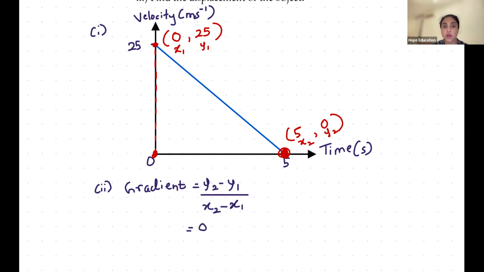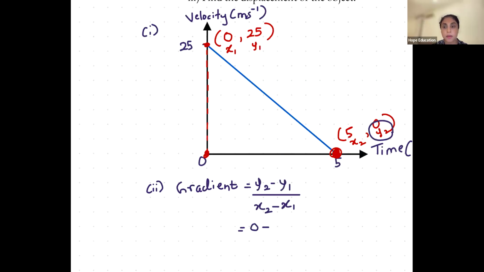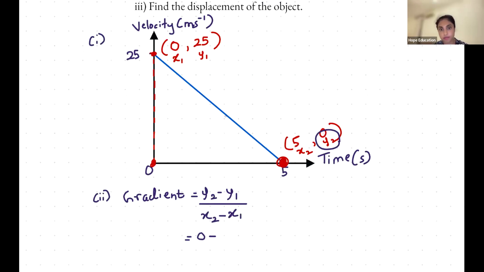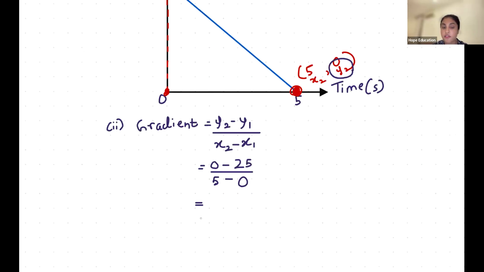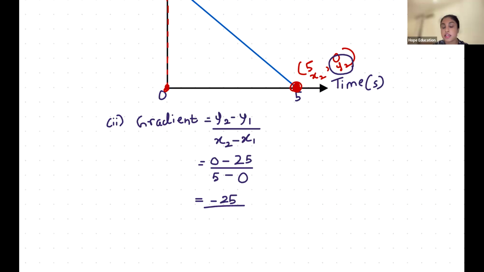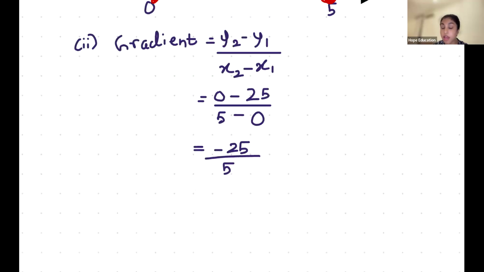But you will have to check the sign. y1 is 25. So 0 minus 25 is minus 25. x2 is 5, x1 is 0, so 5 minus 0 is 5. So minus 25 divided by 5, I get the answer as minus 5.